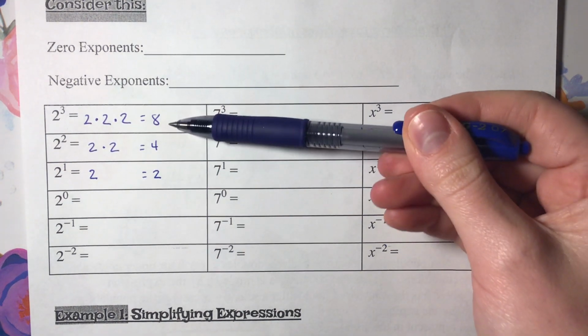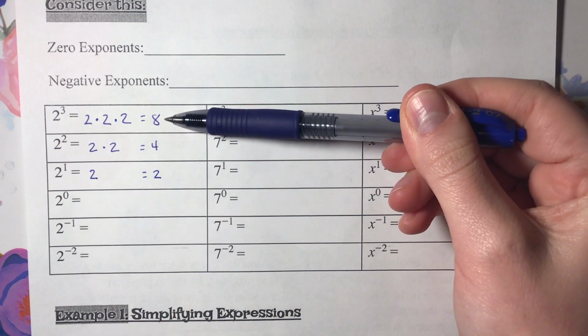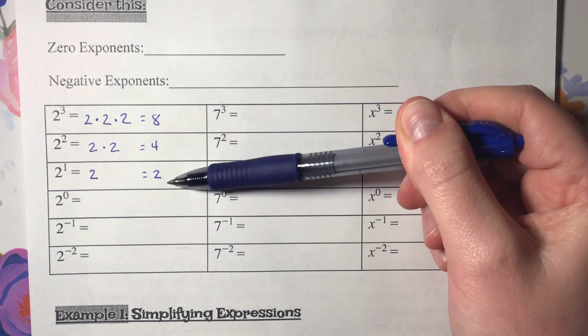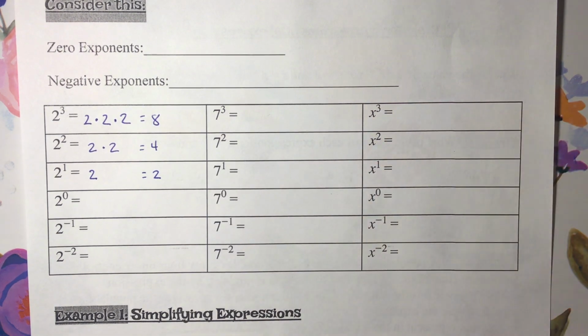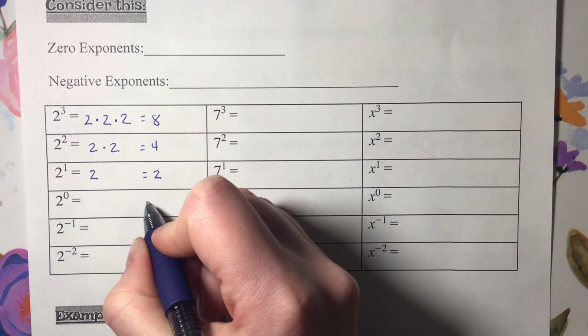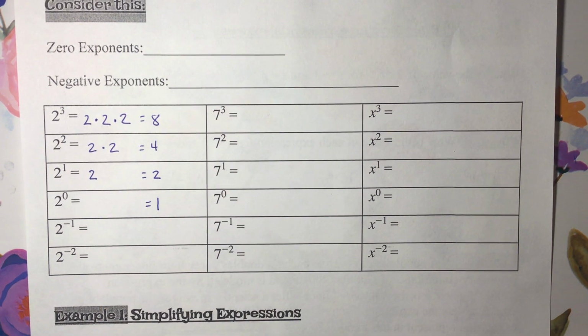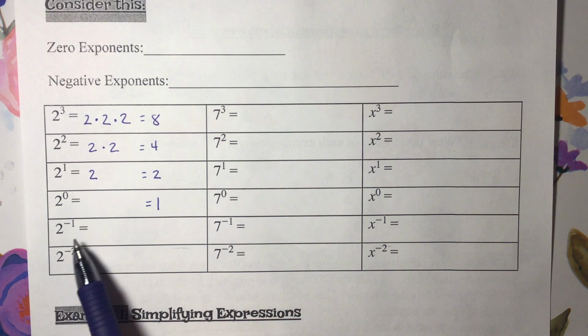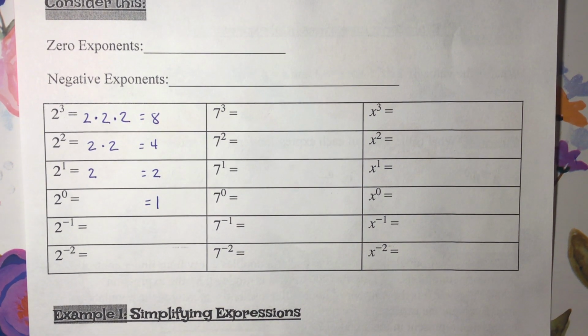And notice what's happening here. I'm going 8 divided by 2, divided by 2, so we're going to keep doing that. So if I have 2 to the 0, that's actually equal to 1. 2 to the negative 1, if I divide by 2 again, then that's going to be 1/2.